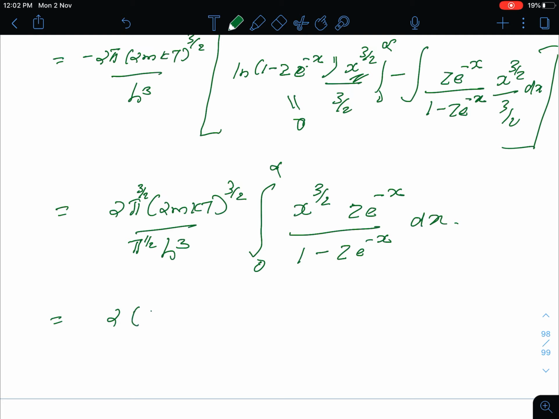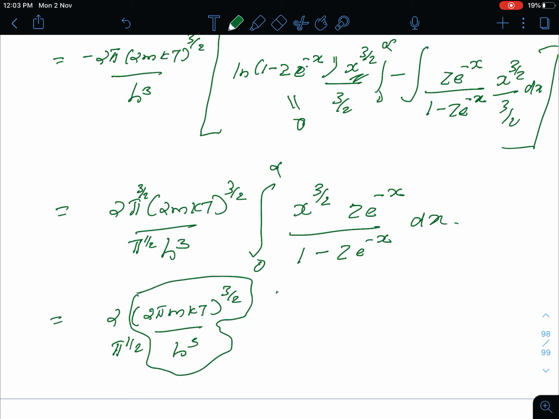2 into 2 pi m kt all raised to 3 by 2 by h cube pi raised to half. What is this quantity? X raised to 3 by 2 z e raised to minus x divided by 1 minus z e raised to minus x dx.